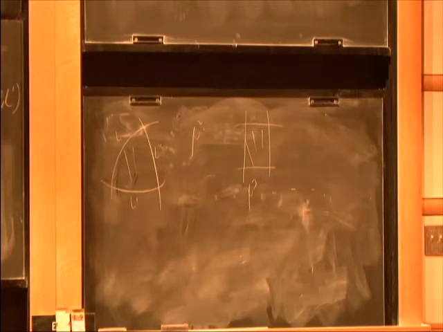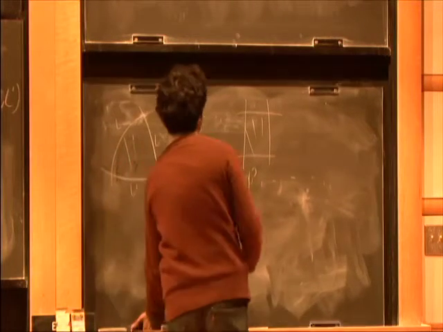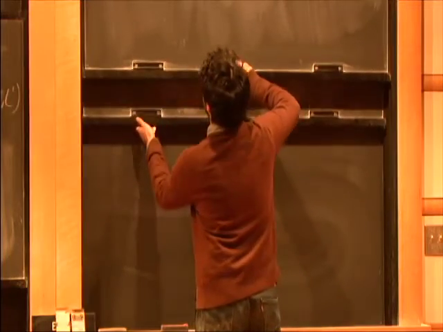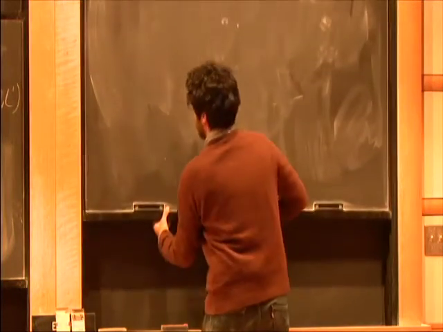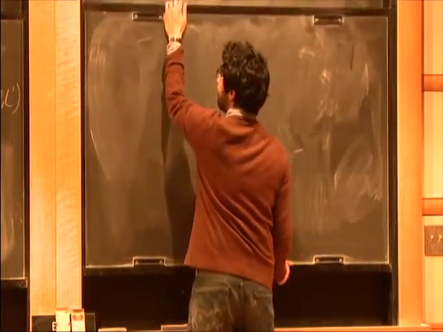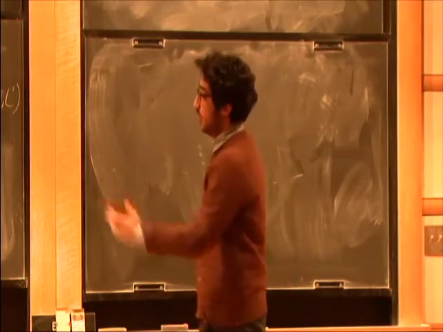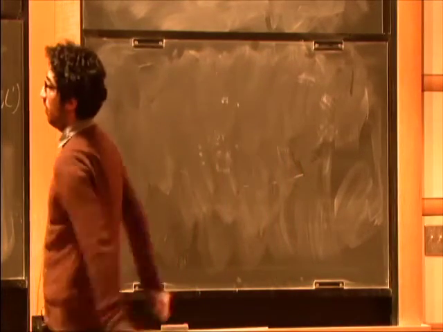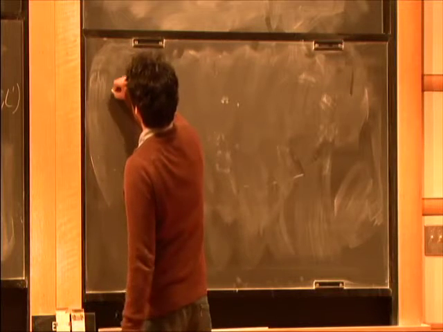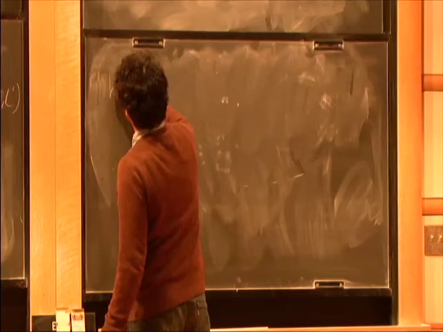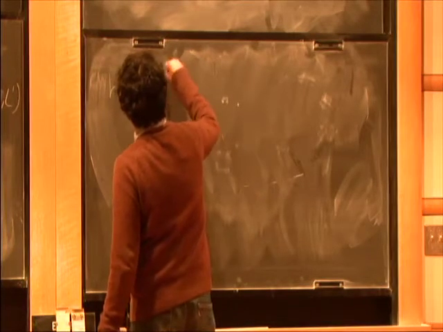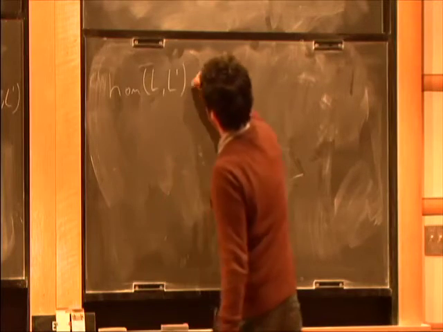Let me discuss what's easy in the case of the torus. Again, we are in this very simple symplectic manifold. Objects are represented by these curves, and I can always compute Hom of L, L prime.